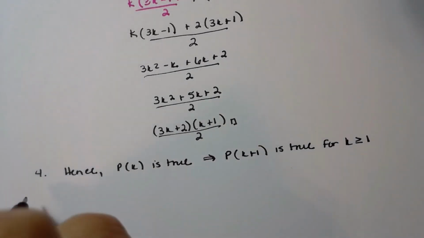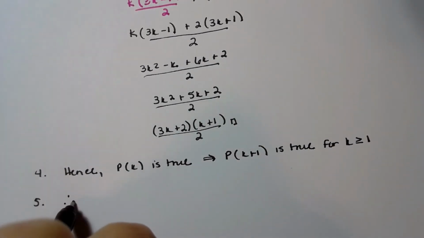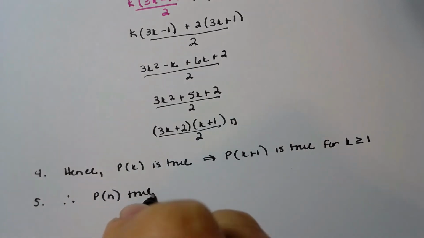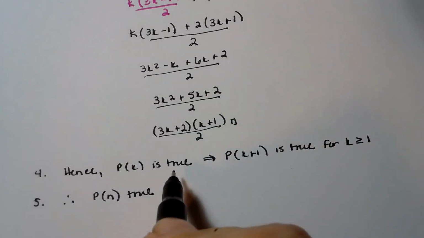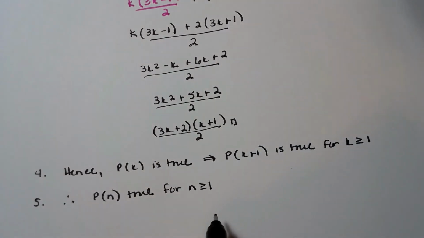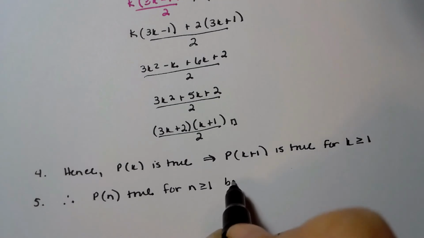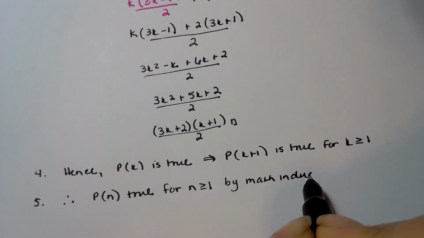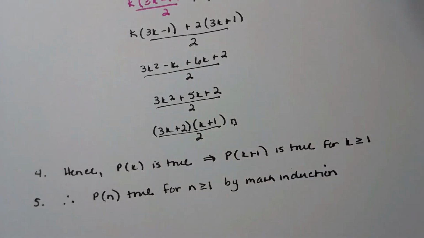And number 5, therefore P of n is true. You could write for n greater than or equal to 1 by math induction. And that concludes the proof of that one.